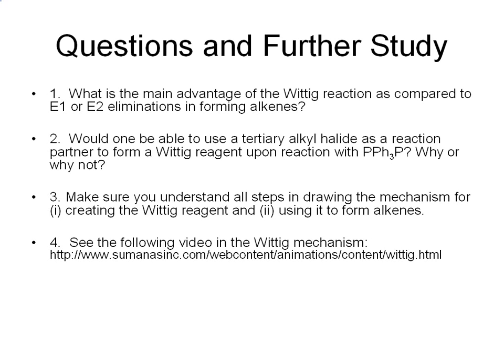And you really need to know all of the steps in creating the Wittig reagent and then using that to form an alkene. You should also be well aware of how to do retrosyntheses of alkenes and then forward syntheses to make the alkenes using Wittig chemistry.